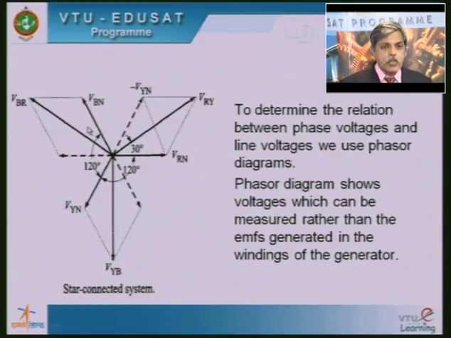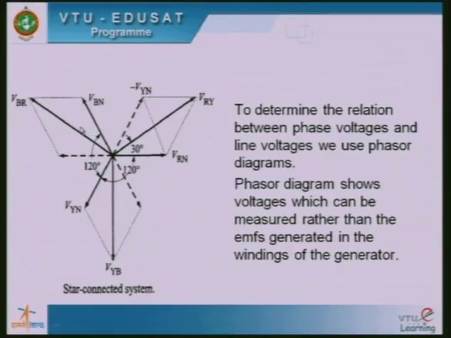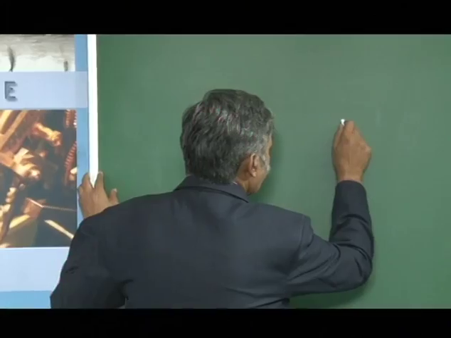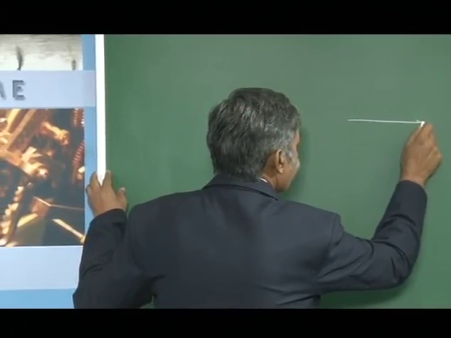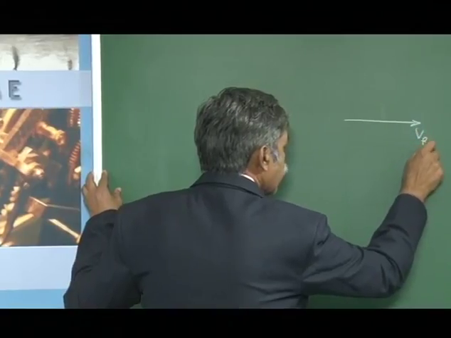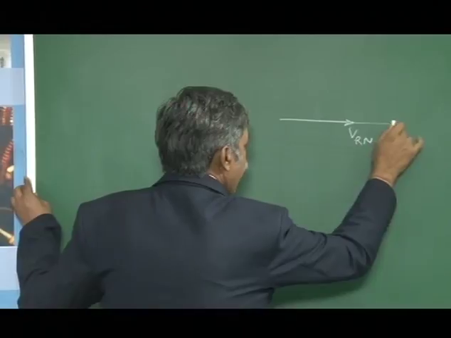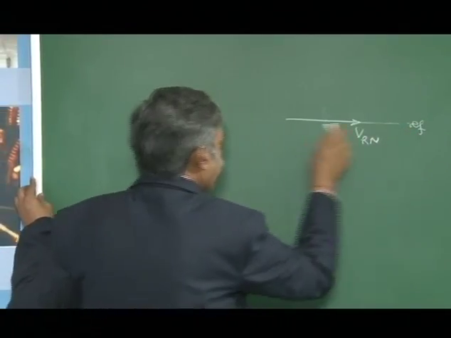I will just show you on the board how to draw this diagram. It is very simple to draw. First, you draw the phase voltage VRN as a reference. It is along the reference axis; you can take it as the x axis.